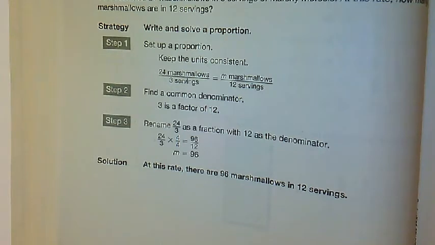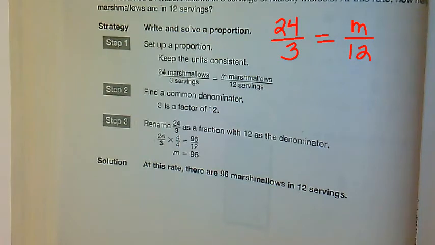All right? And then the next thing we're going to do is one of two things. Now, I know some of you like to cross multiply. You absolutely can cross multiply. All right? Or sometimes when we have certain numbers, we can look at them this way. So you would have 24 over 3 is equal to m over 12.